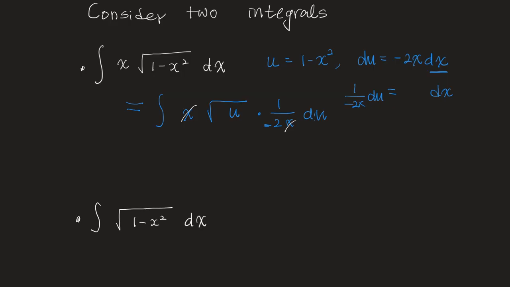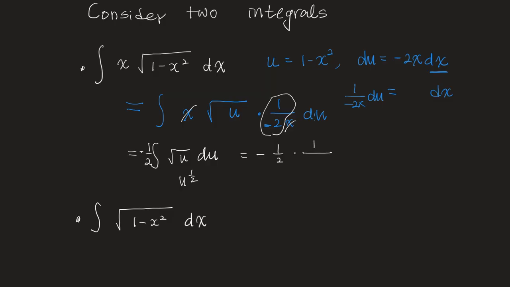So we now have the integral of square root of u du, with negative 1/2 outside. Here u to the 1/2. I'm sorry, this is not right, guys.